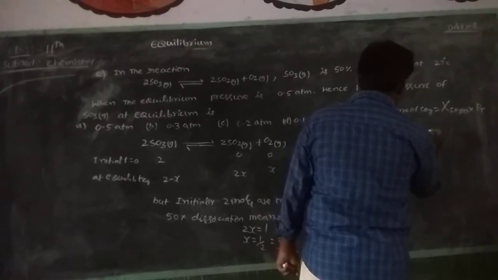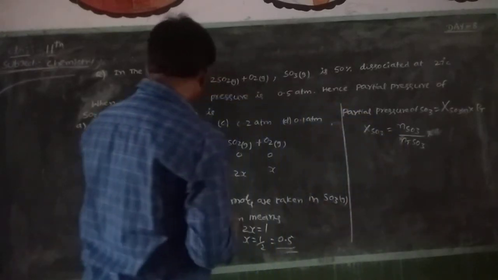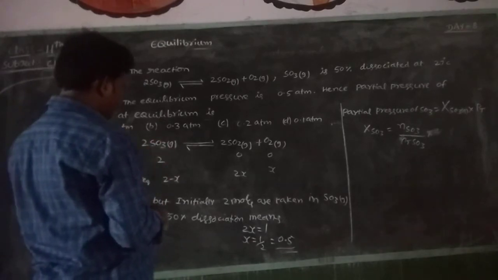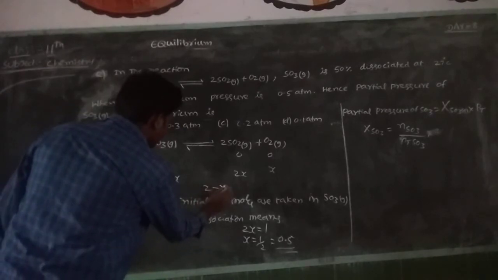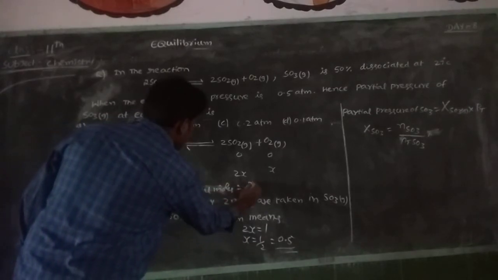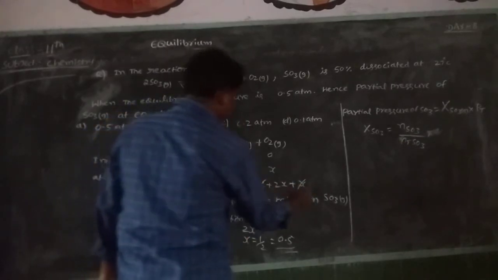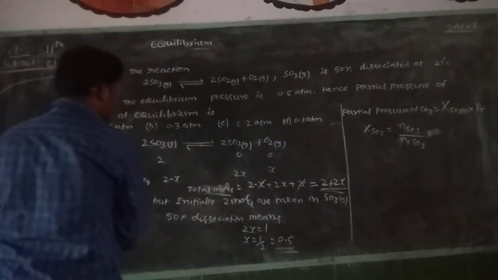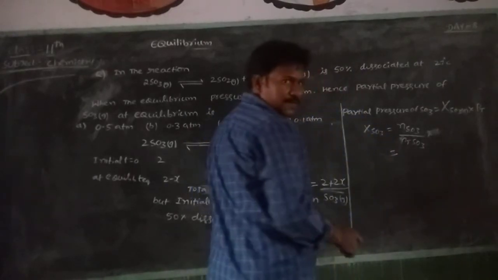Now the total number of moles we have to find out: 2 minus X plus 2X plus X, that means 2 plus X. This is the total moles.